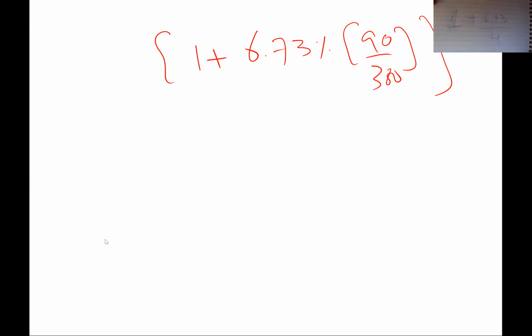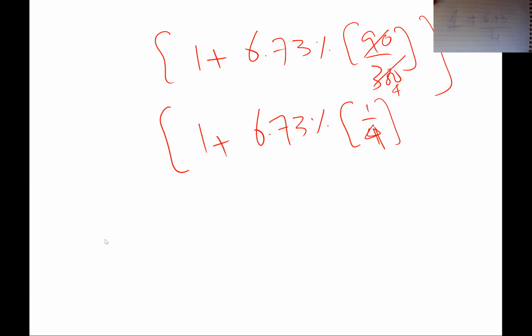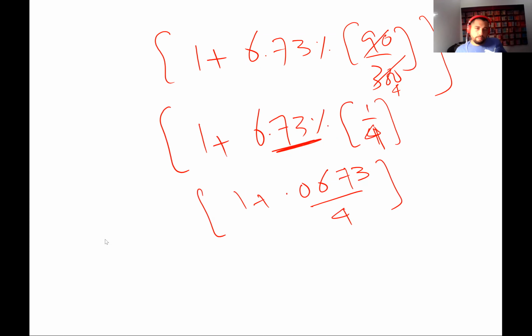Yes, but this 6.73%, of course, it would be like 1 plus 6.73% by 4, right? And you can convert it into 0.07067 divided by 4, right? And you solve this.